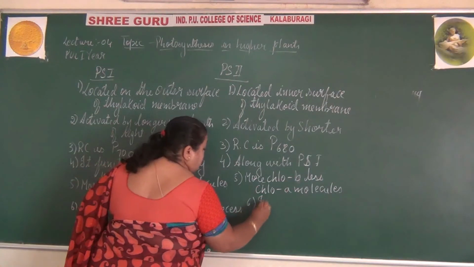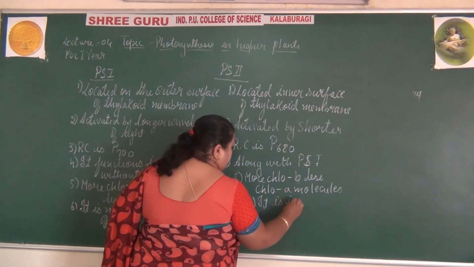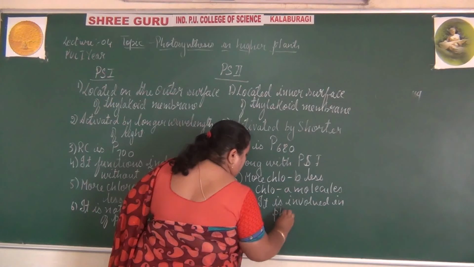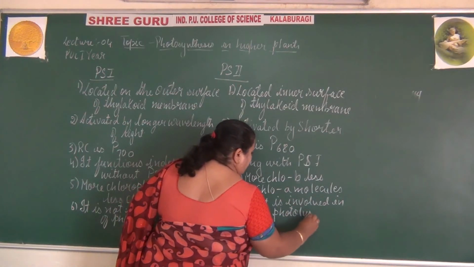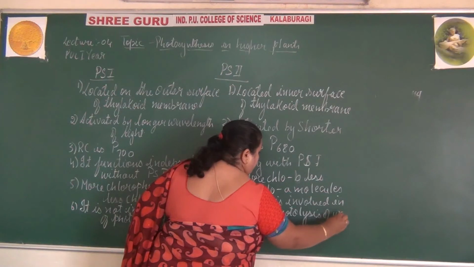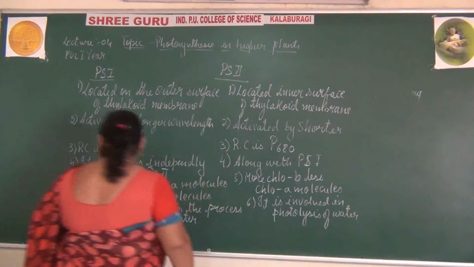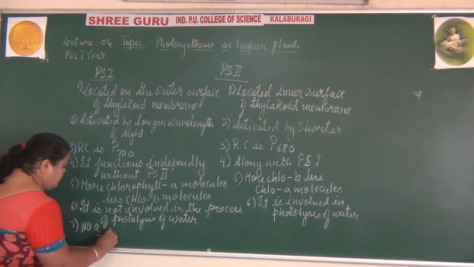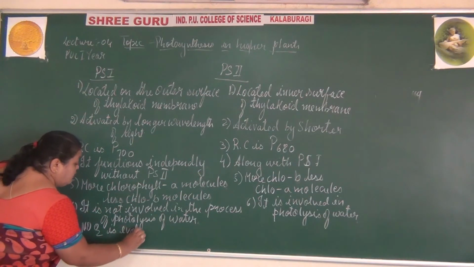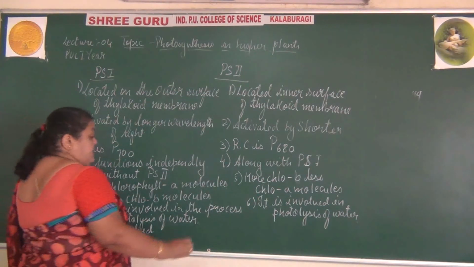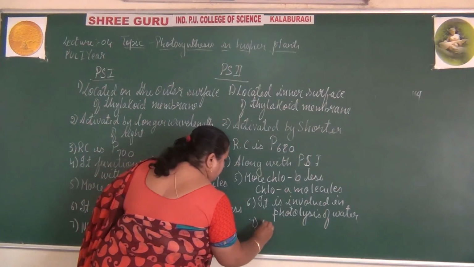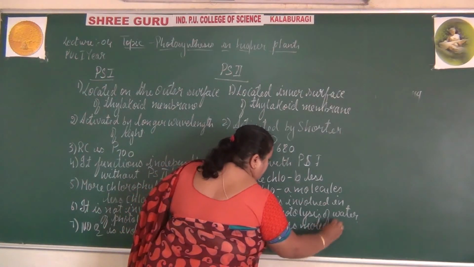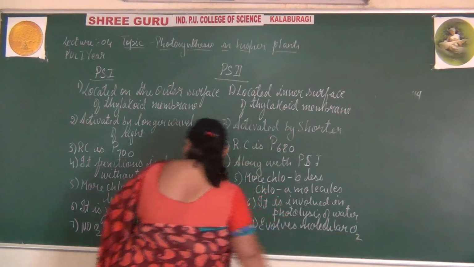Since it is not involved in photolysis of water, no oxygen is evolved, while photosystem 2 evolves molecular oxygen.